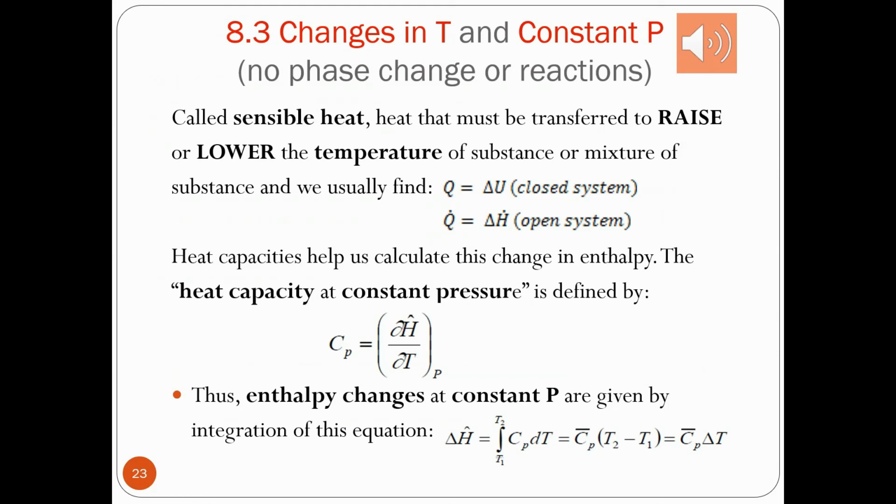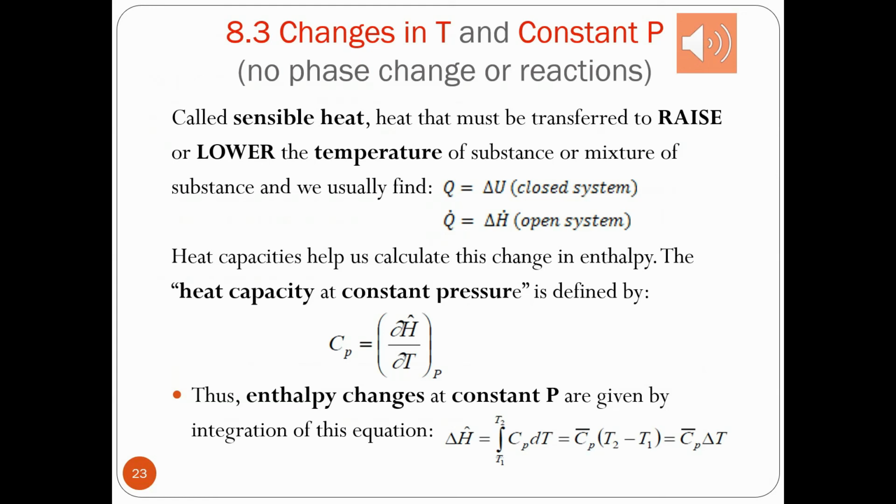Okay, so we've been learning about heat capacities before. To calculate the heat capacity at constant pressure, we call it Cp, equal to delta specific enthalpy over delta temperature at constant pressure.